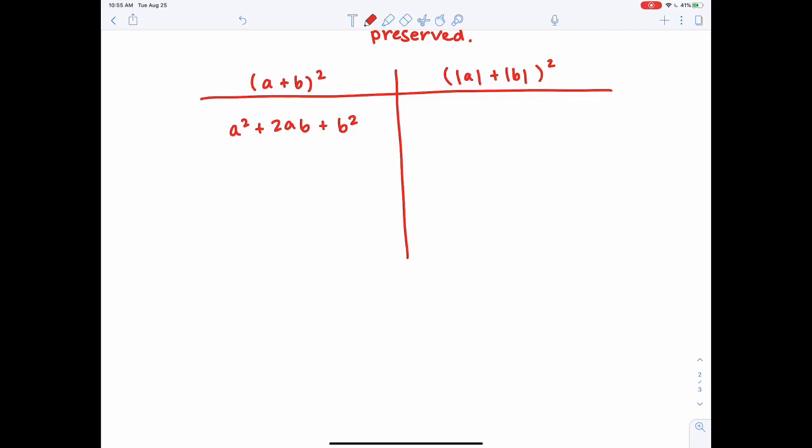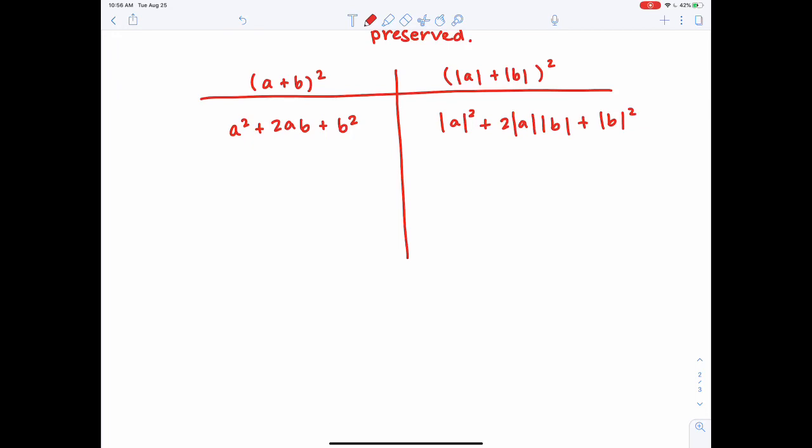And then over on this side, I'm going to get the absolute value of a squared plus 2 absolute value a, absolute value b, plus the absolute value of b squared. And so now I want to try to compare these expressions to one another and try to understand where the inequality relationship comes in.